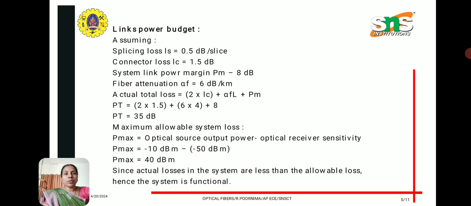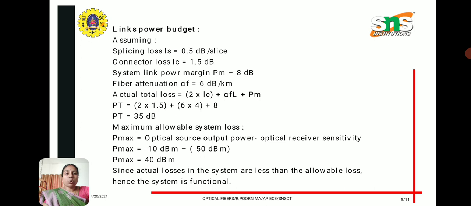Next is the link power budget calculation. We assume the splicing loss as 0.5 dB per splice, connector loss as 1.5 dB, and system link power margin as 8 dB. Fiber attenuation is 6 dB per kilometer.